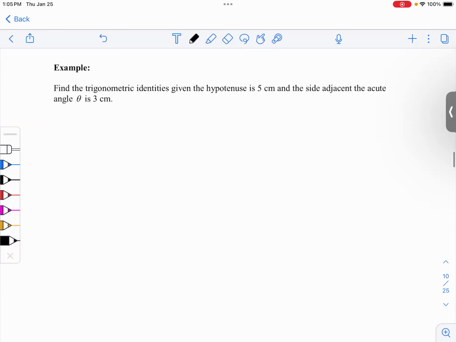All right, so let's look at an example. Examples are always helpful. So I want to find all the trigonometric identities of a triangle with hypotenuse 5 centimeters. And notice the side adjacent to the acute angle theta is 3 centimeters. I'm not told any additional information.